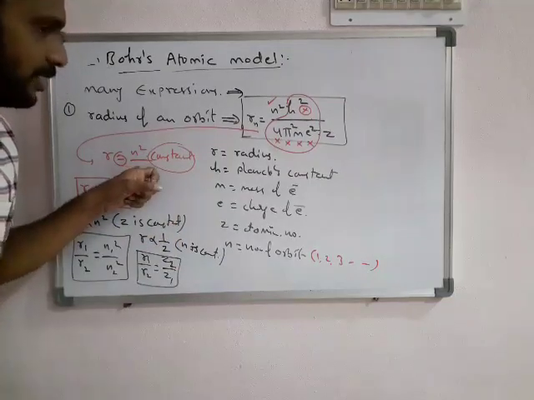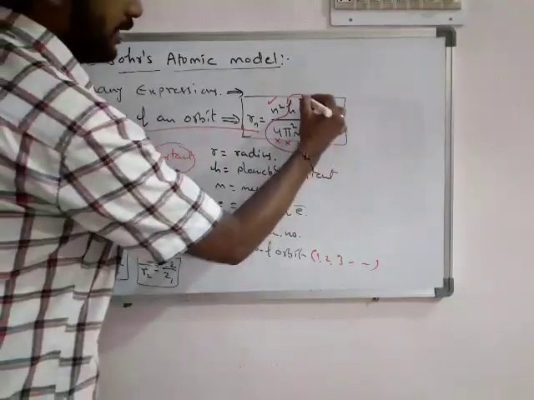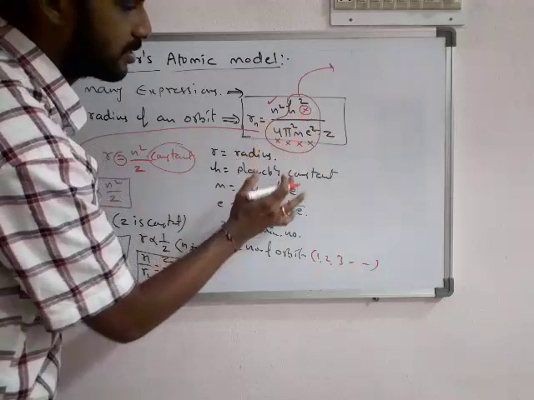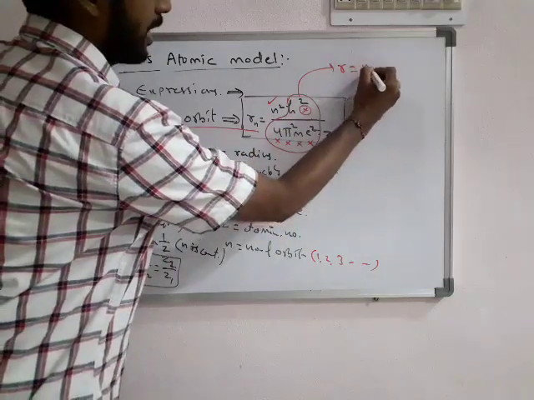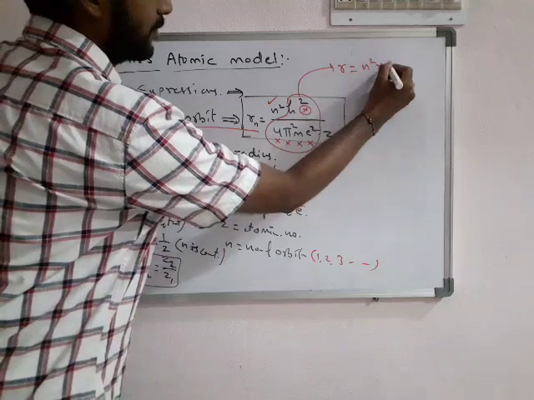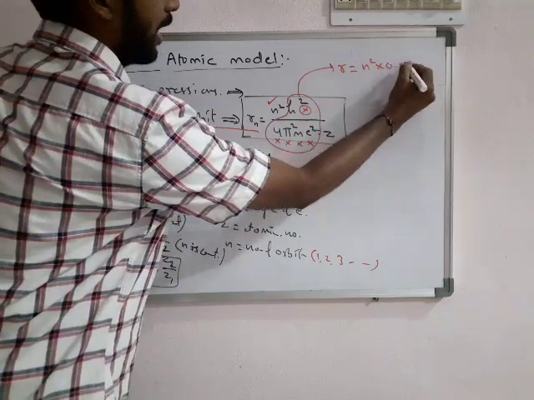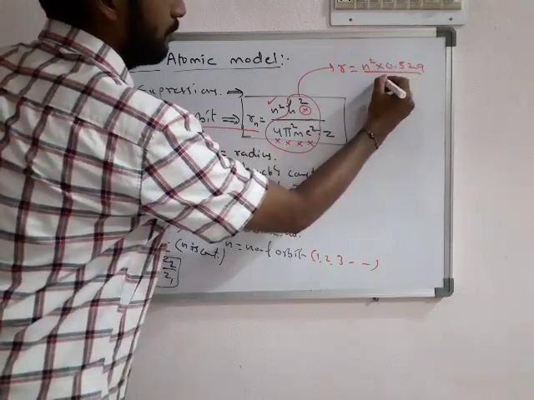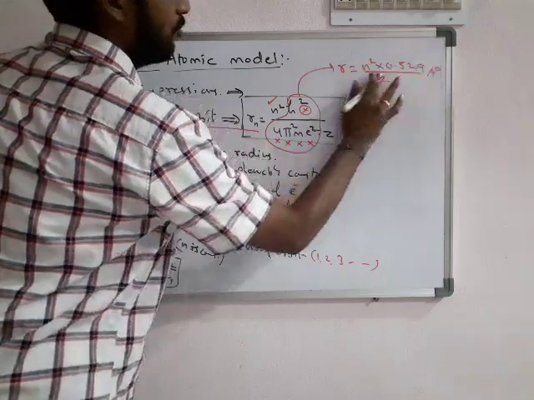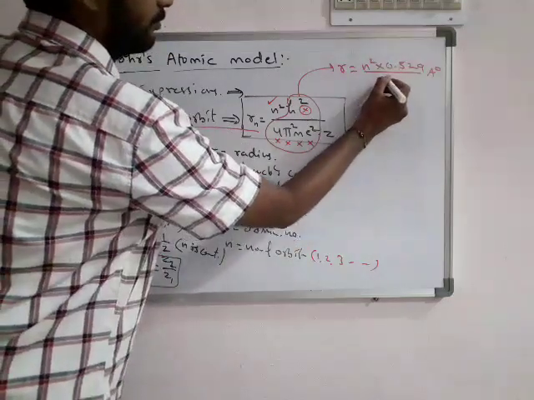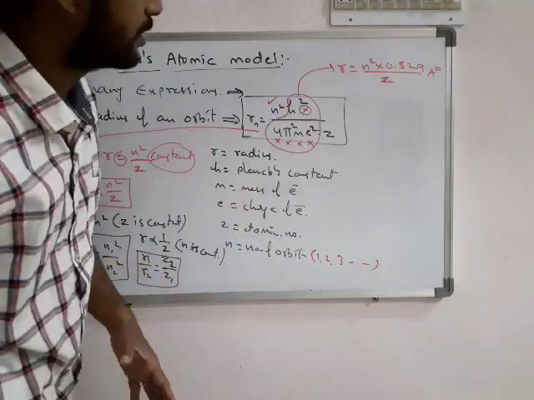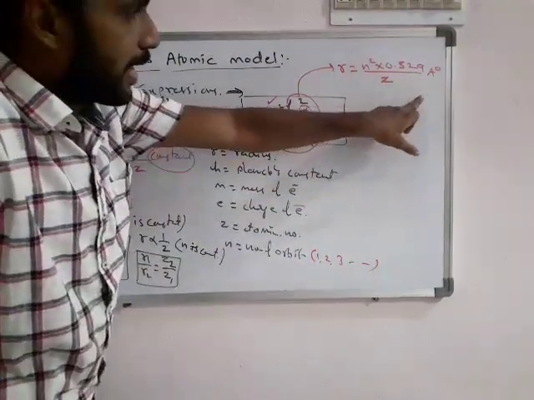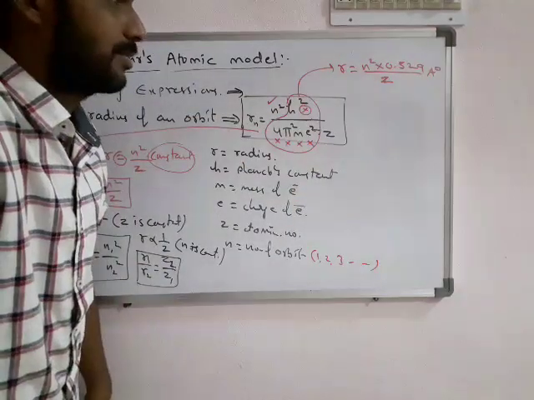Calculating it, r equal to n square into 0.529 by z, in terms of angstroms. So radius of an orbit equal to n square into 0.529 by z angstroms.